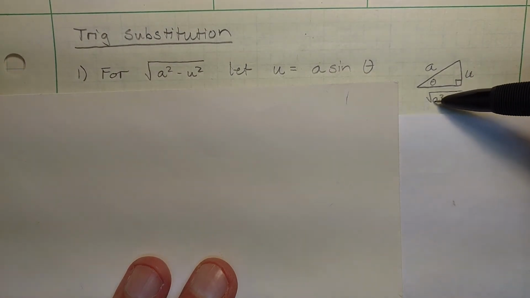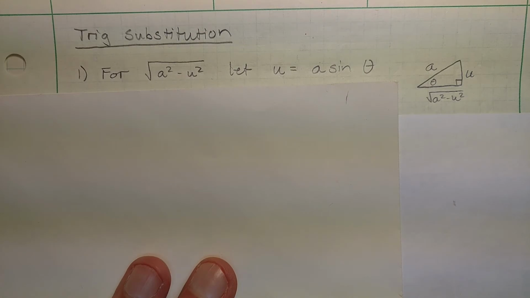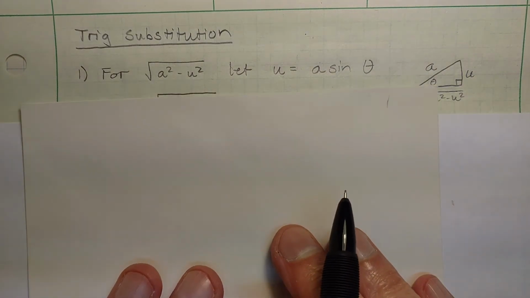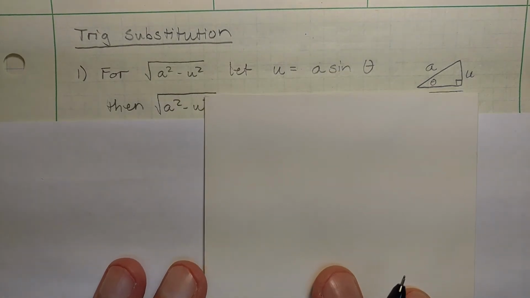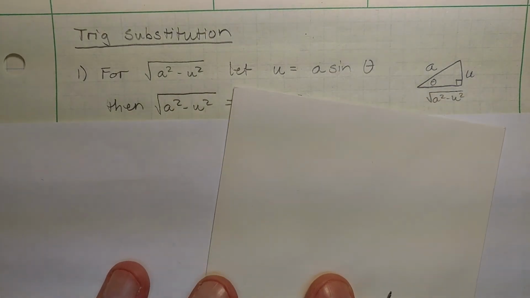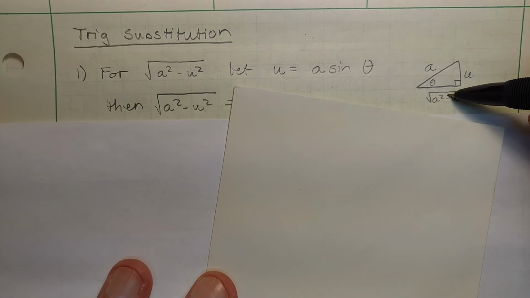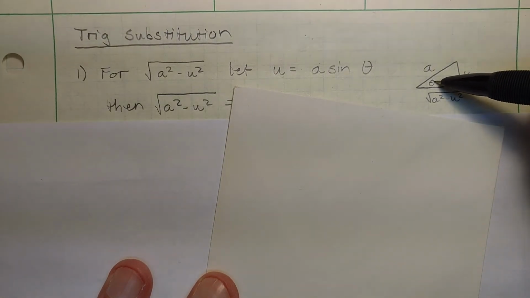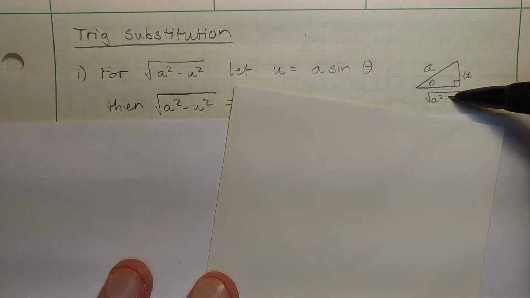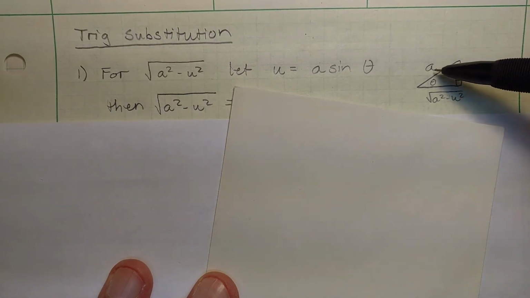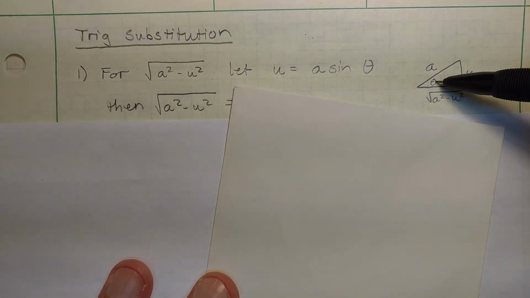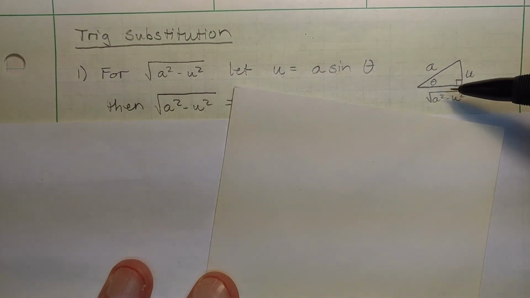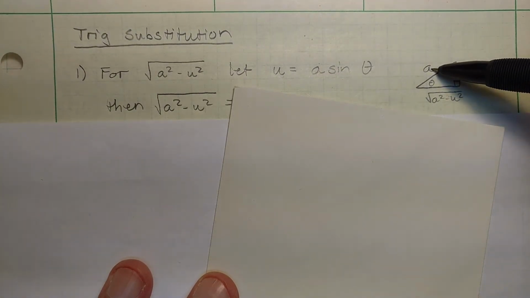And then this side here becomes the square root of a squared minus u squared. If I look at this side and the a here, I know that the cosine of theta would be this over a.